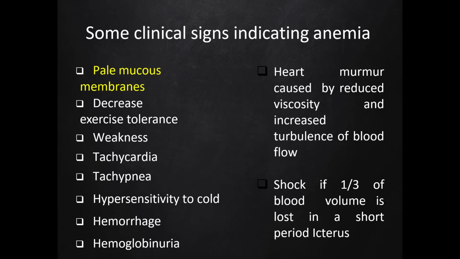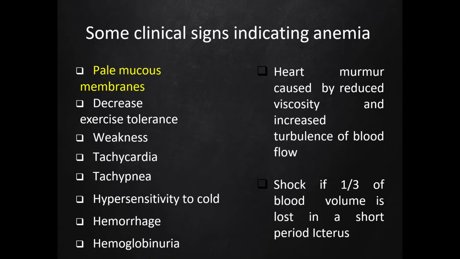And when there is an anemic state, since the red blood cells are unable to supply all the oxygen in the body, you will see compensatory tachycardia and tachypnea, or signs of rapid respiration, and the body is hypersensitive to cold conditions.